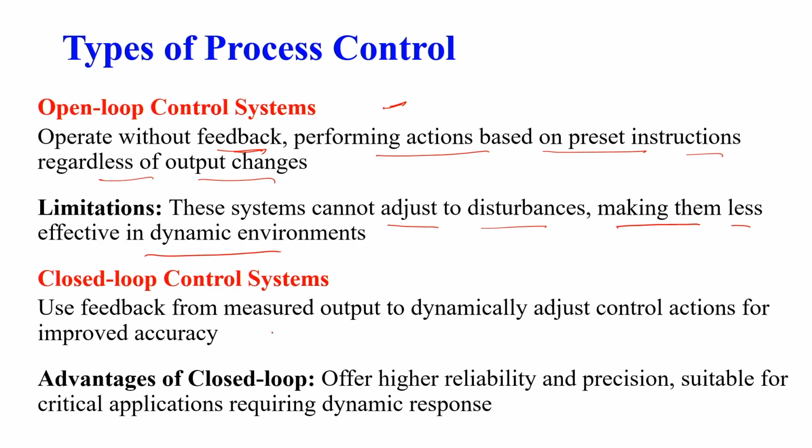Closed loop, what is the difference? Here the measured output, the measured variable you got, is used to adjust the control action to improve the accuracy. What is the advantage? It offers higher reliability and precision, and it is suitable for critical applications which require dynamic responses.